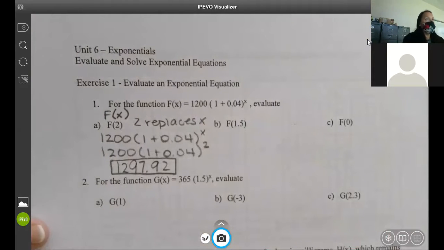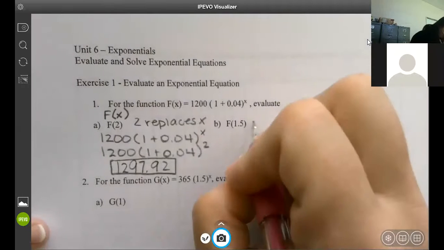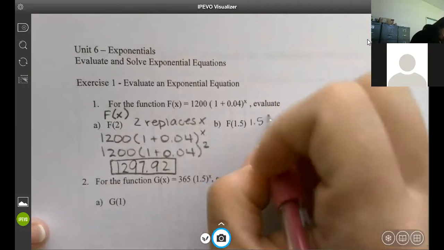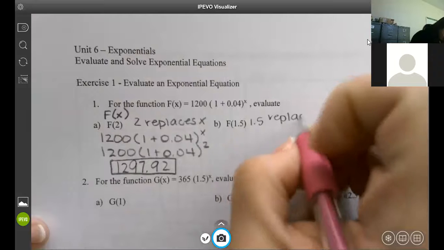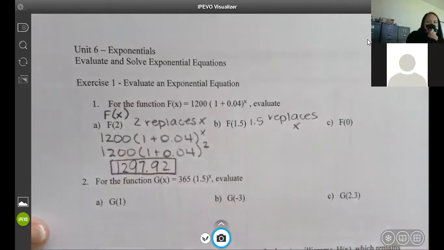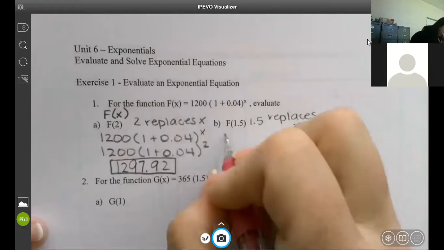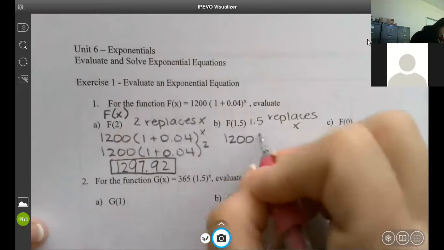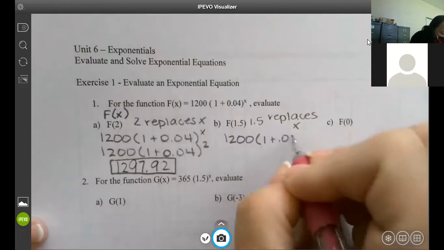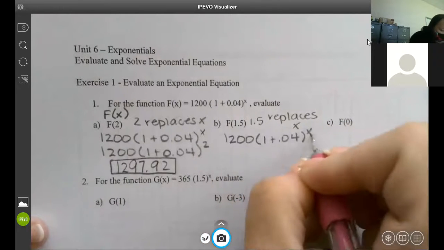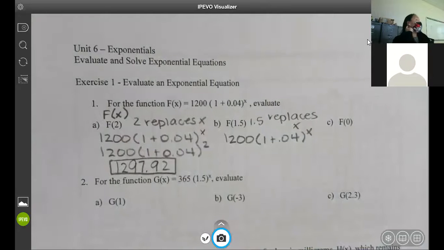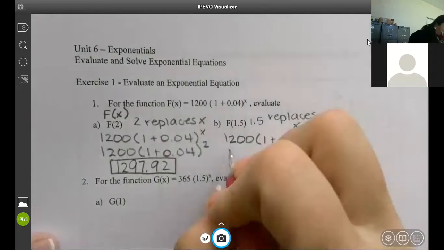So what does B tell us? What do we replace x with in B? 1.5. So this one says that 1.5 replaces x. In our function, again, same function, there's only that one x.